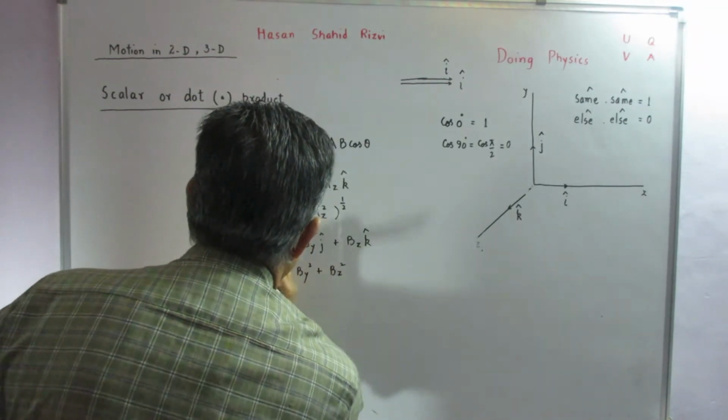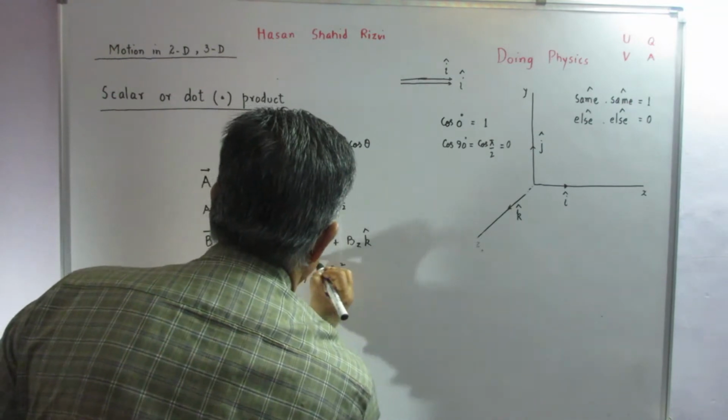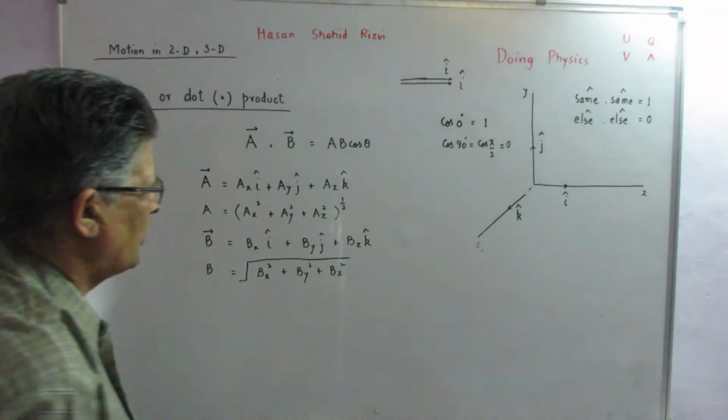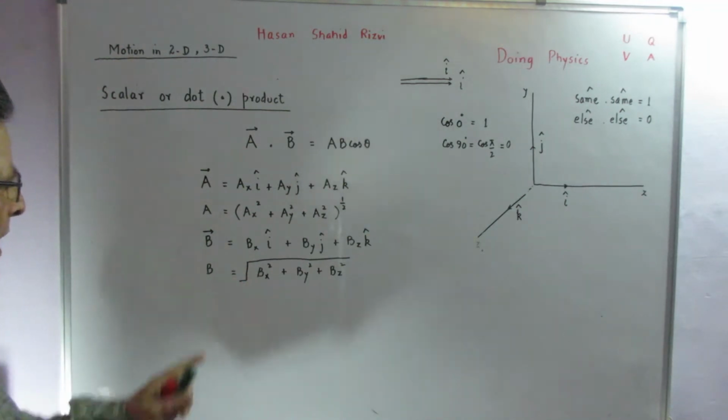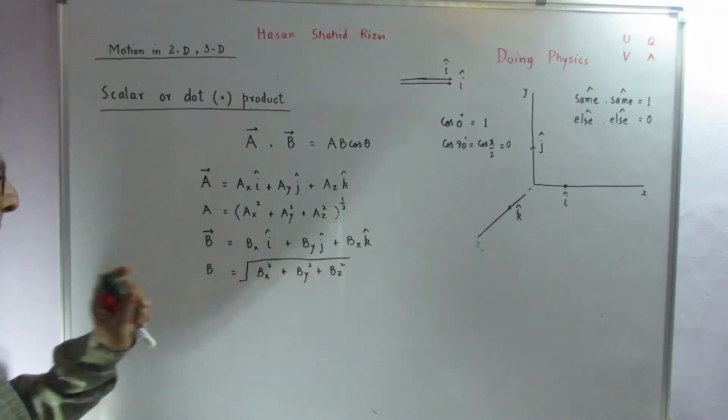It's a very simple and fluent thing which you can remember always. So now these two values I have obtained, the value of A and the value of B.